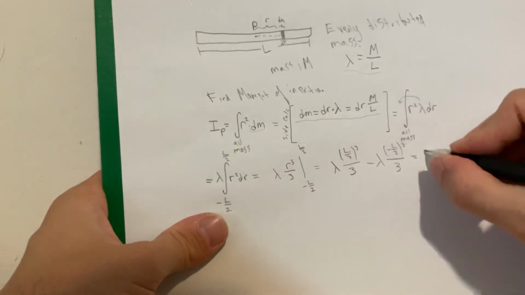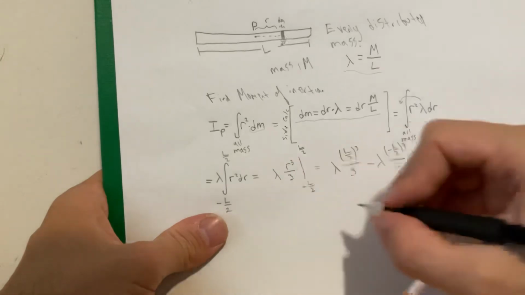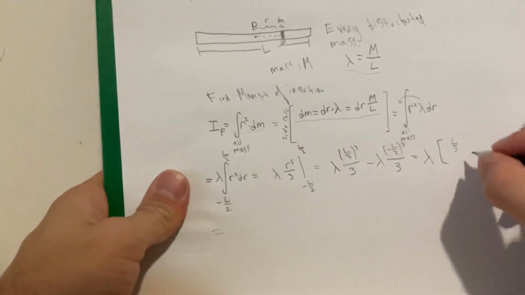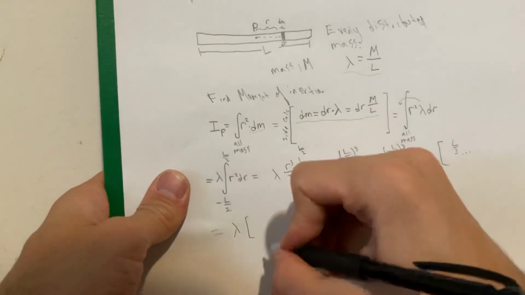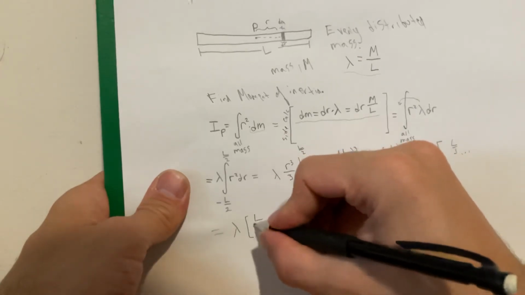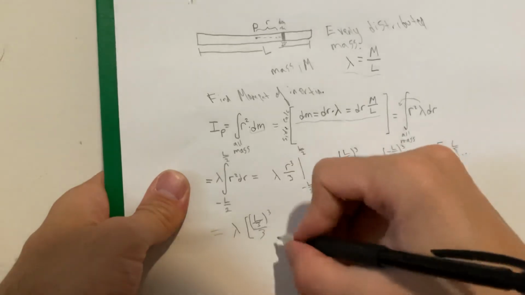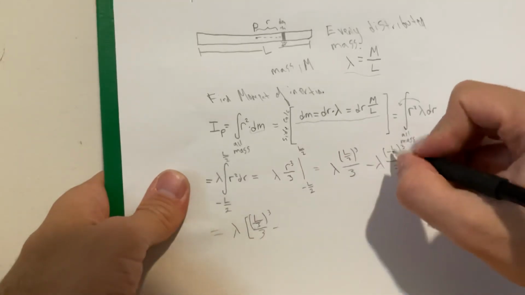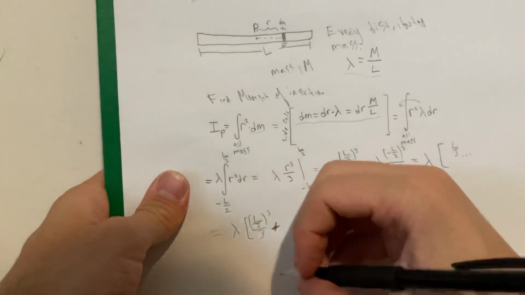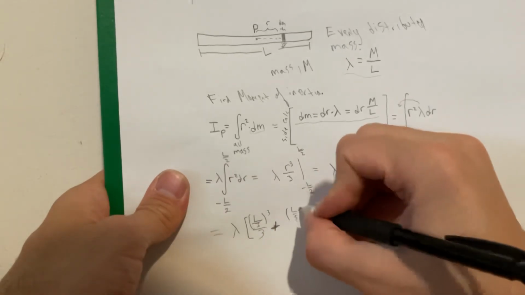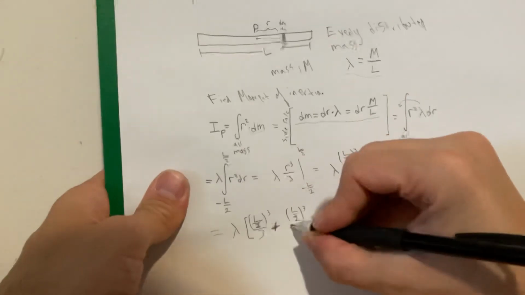You end up with lambda times L over 2 to the third over 3, plus, we said that this minus goes with that minus to make a plus, plus L over 2 to the third divided by 3.